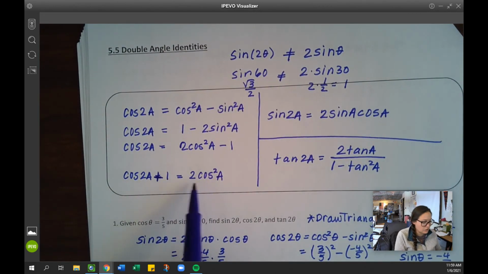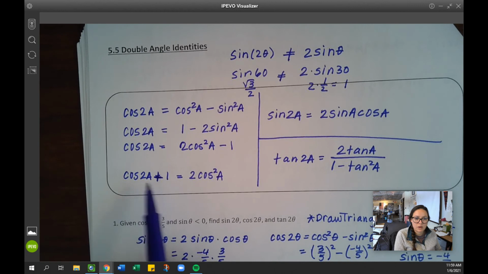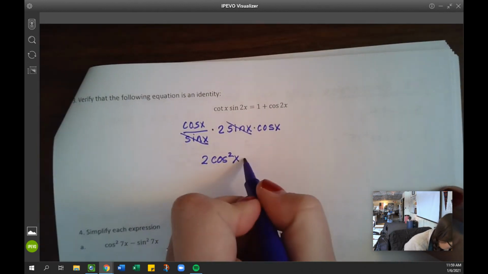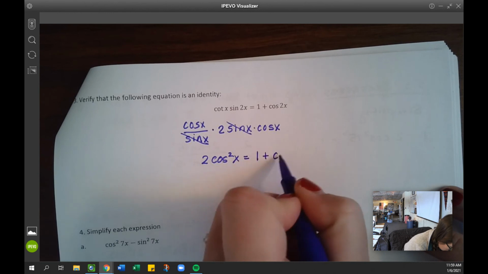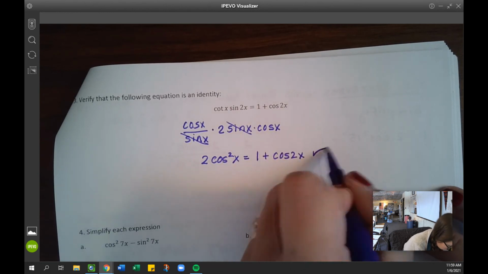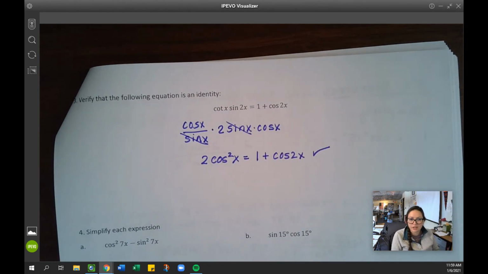We have 2 cosine squared, and we want to show that it's equal to 1 plus cosine 2a. So this does in fact equal 1 plus cosine 2x. And we're done.